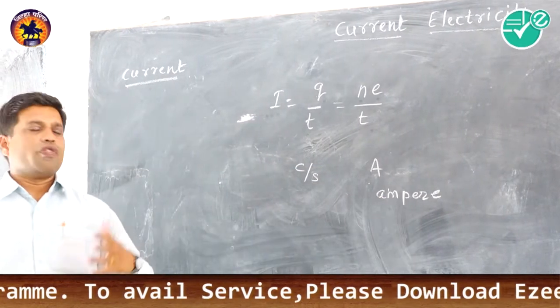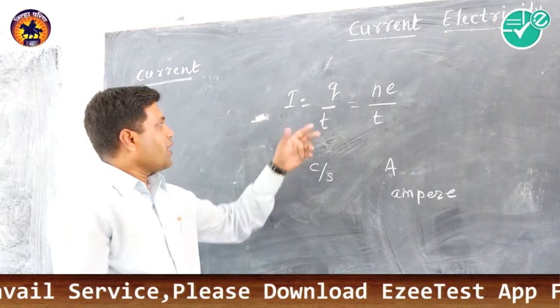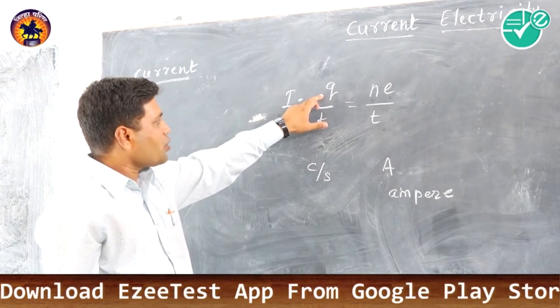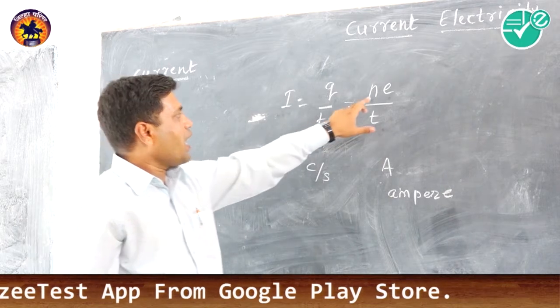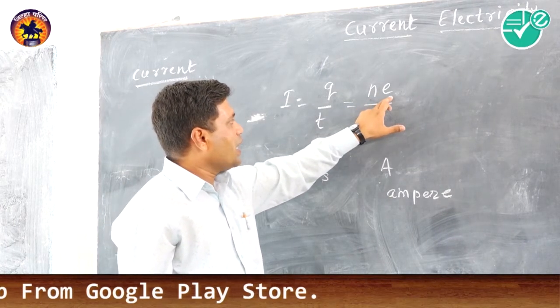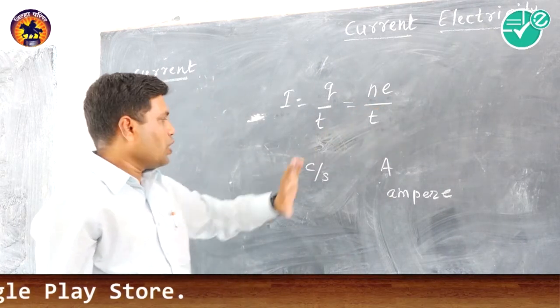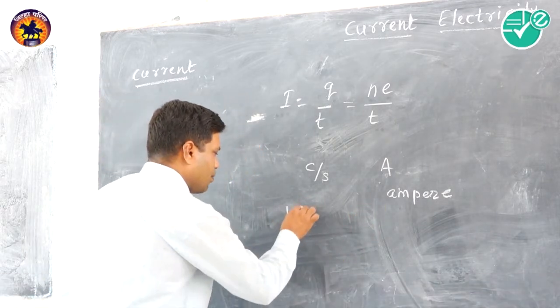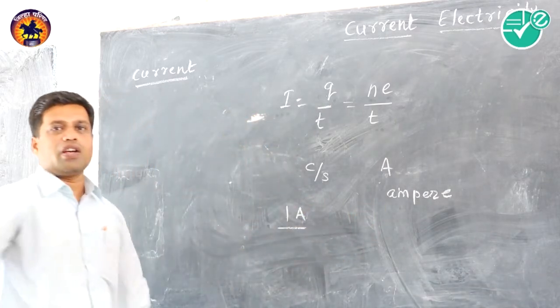Here Q is the amount of charge and T is the time, where N is the number of electrons, E is the electronic charge and T is the time.